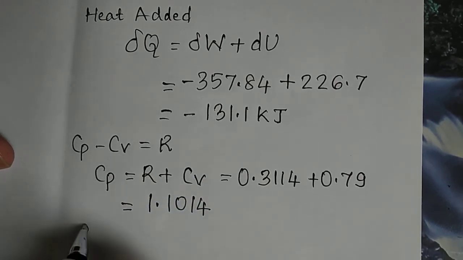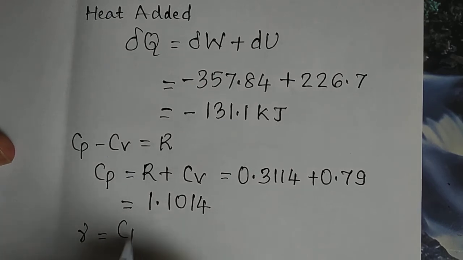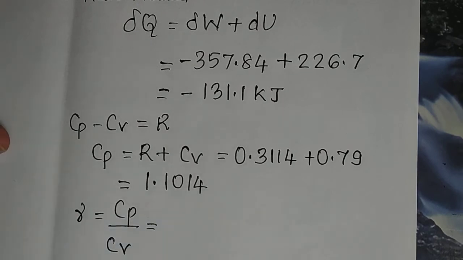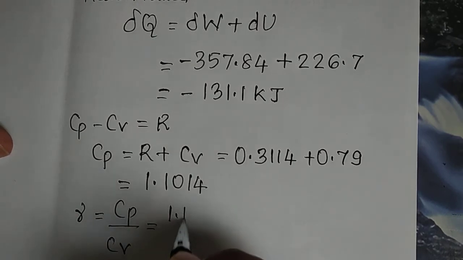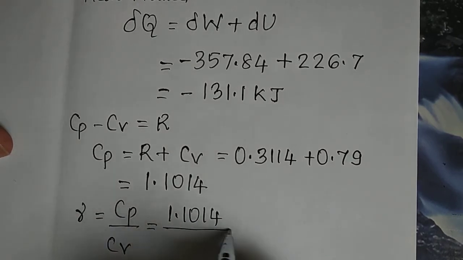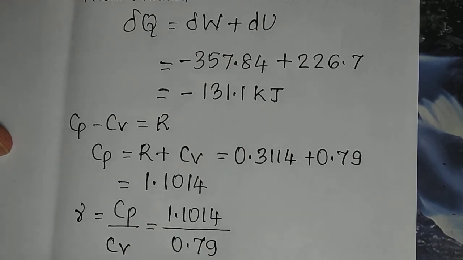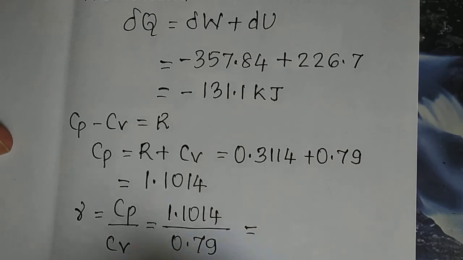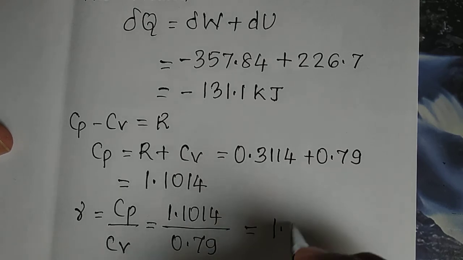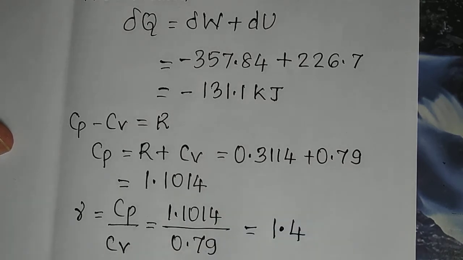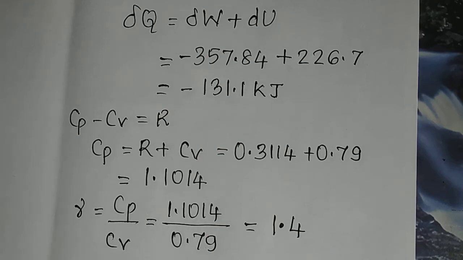Then find gamma. Gamma is Cp by Cv, that is, 1.1014, which we have just found, and Cv is 0.79. Take this value and find the value of gamma. You get the value of gamma as around 1.4.